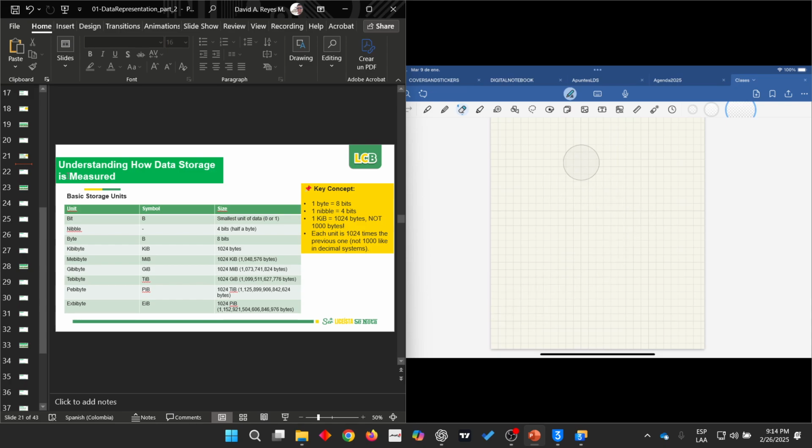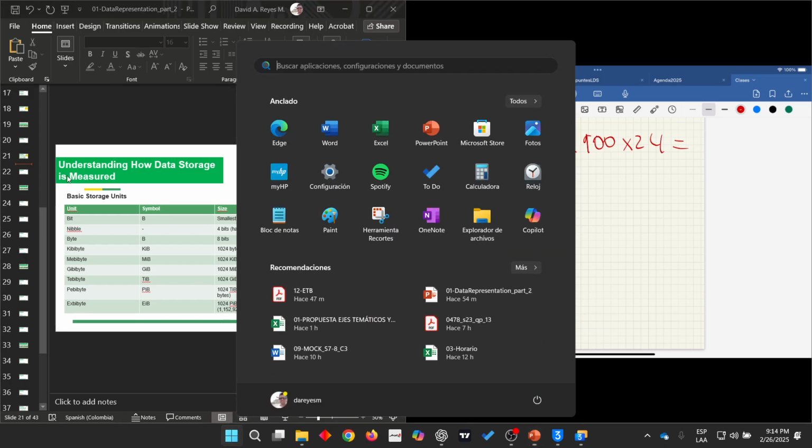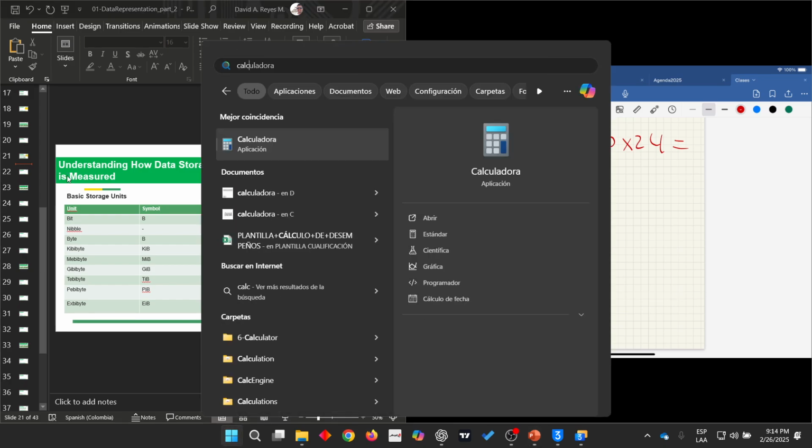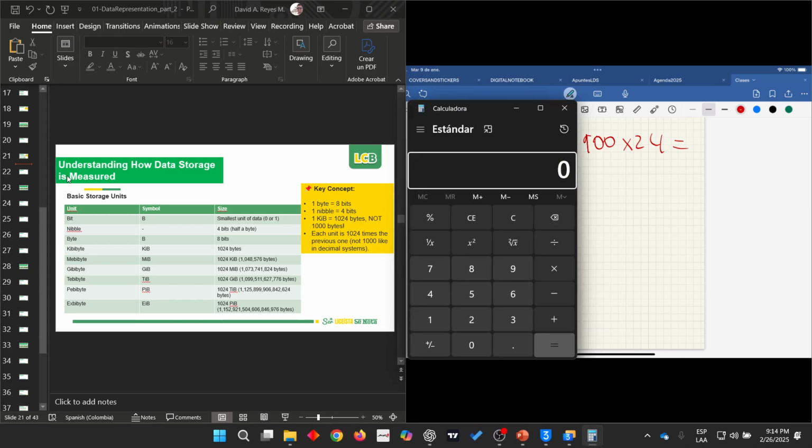Okay, so let's do an example. I am going to do it right now. I told you 1024 multiplied by 900 multiplied by 24. What is the result of this? So I'm going to use the calculator and let's do it. 1024 multiplied by 900 multiplied by 24.